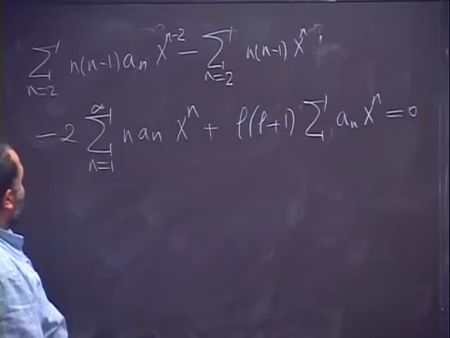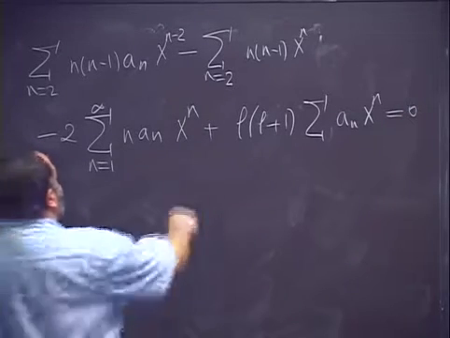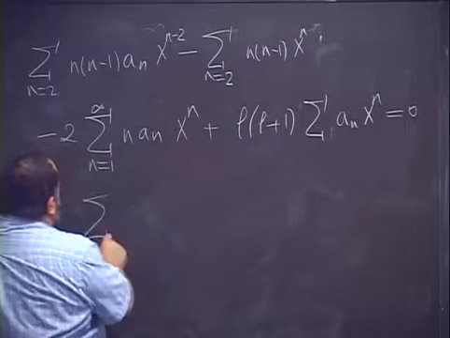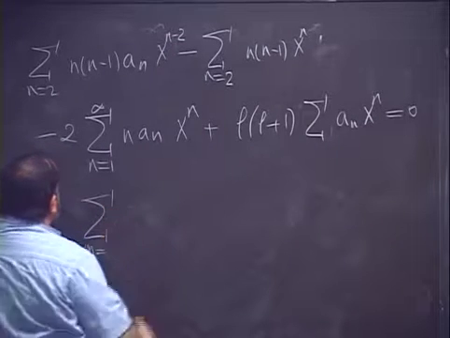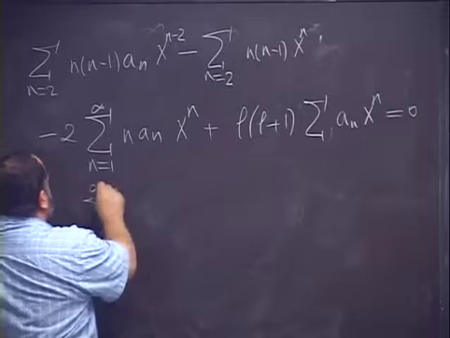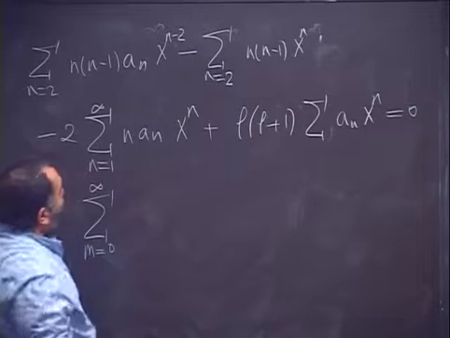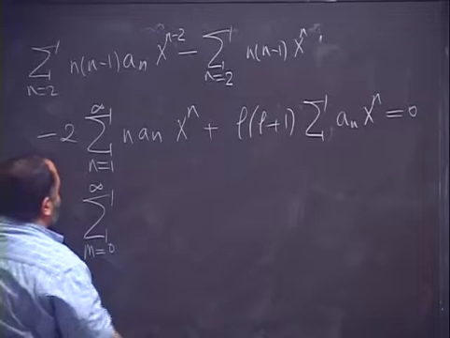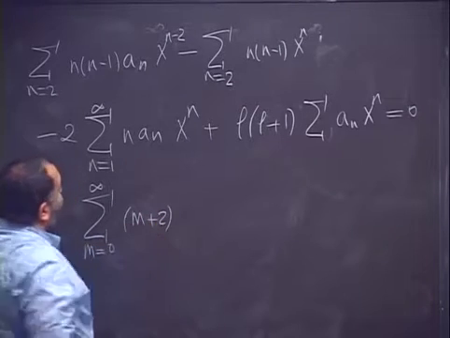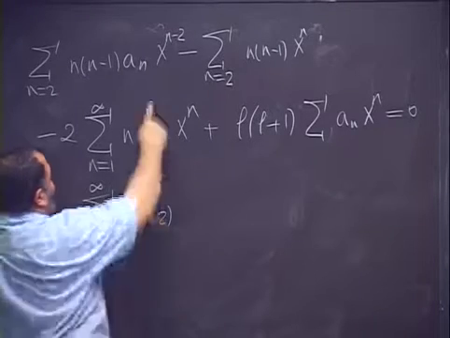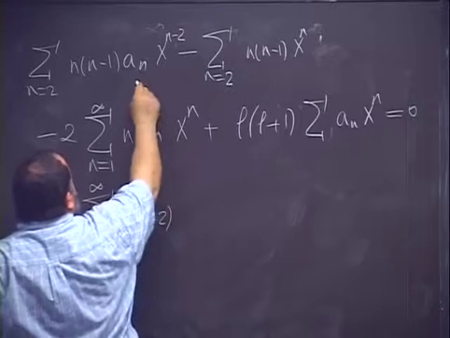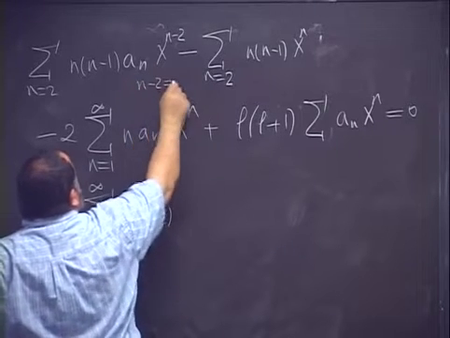Okay, guys? So if I make n minus 2 equal to m, this will give me the summation from m equal to 0 to infinity, and this will be m plus 2. From here I will choose n minus 2 equal to m.